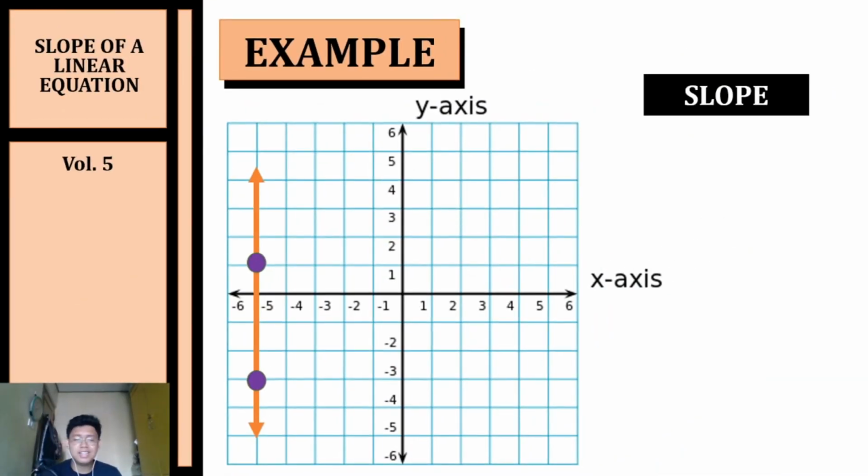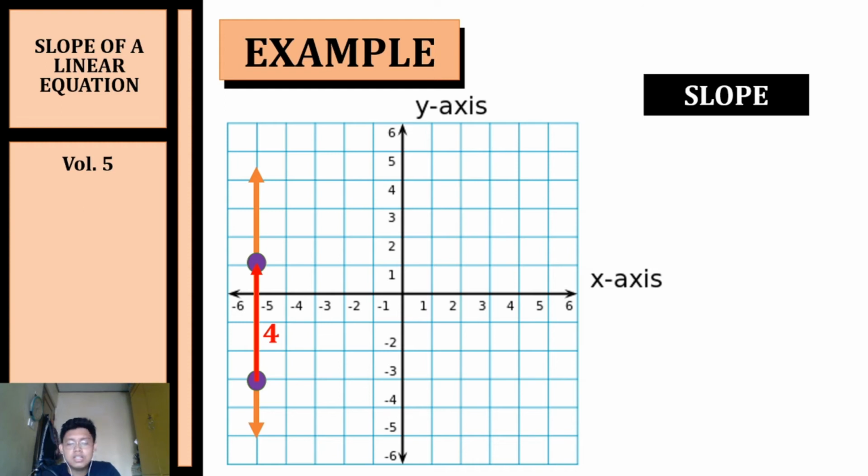Let's have another example. We're given this graph and we're going to get the slope of this line. Let's first start with our lowest point. From there, we count the number of units going to our second point. Let's count the number of units going up. We have 4 units going up. Now we identify the run.